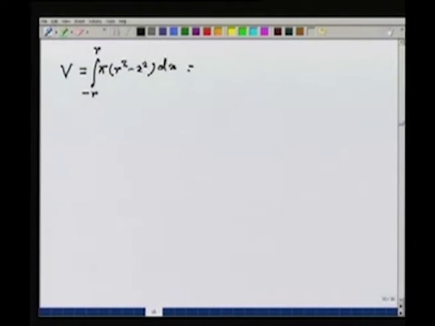Well, this turns out to be pi r square x from minus r to r, minus pi x cube by 3 from minus r to r. What do I get?